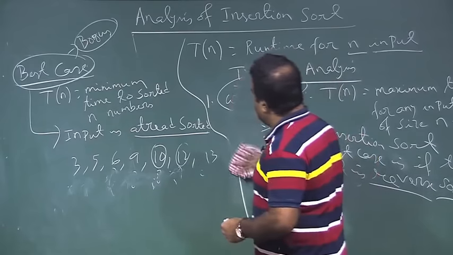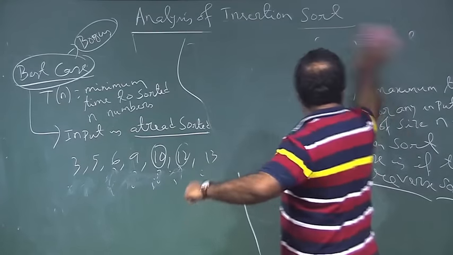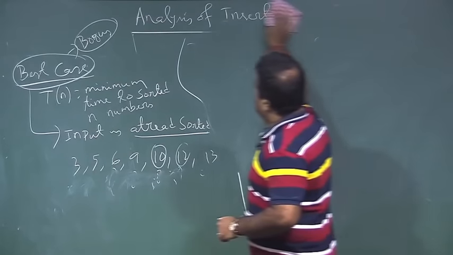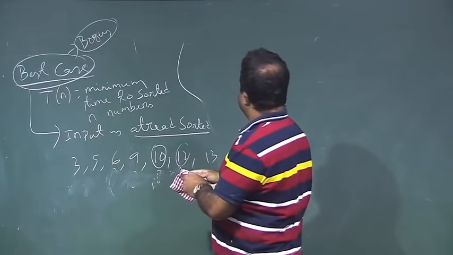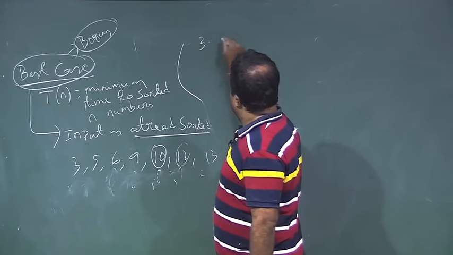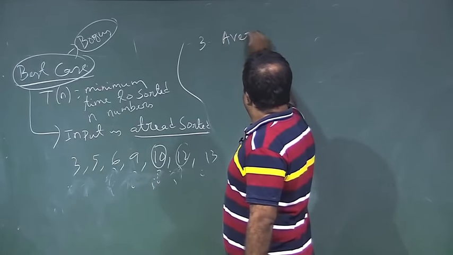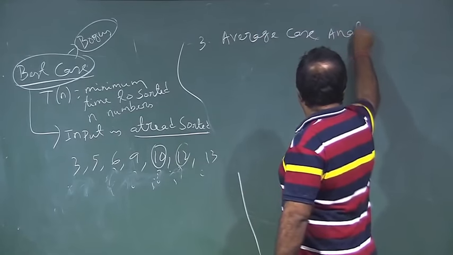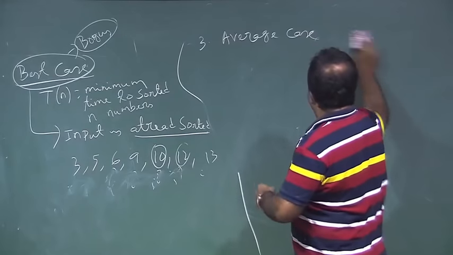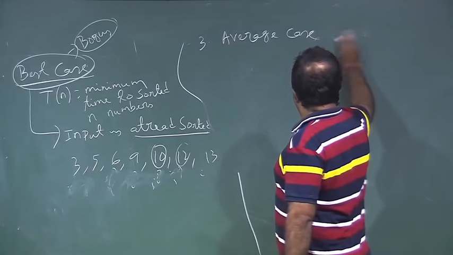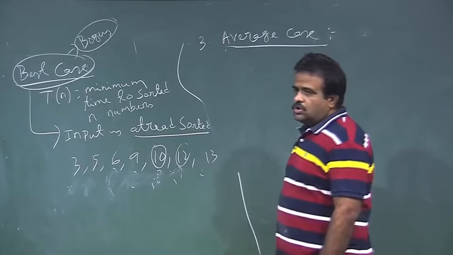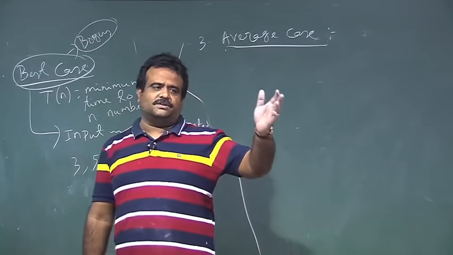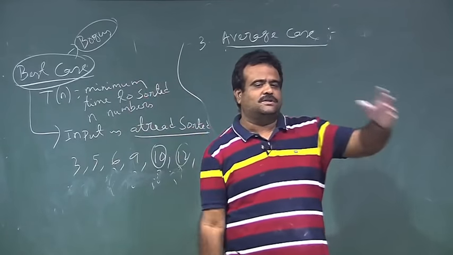The third one is average case analysis. Average case means how much time it takes on average. We know the worst case and the best case; the worst case is for a certain input, the best case is for a certain input.